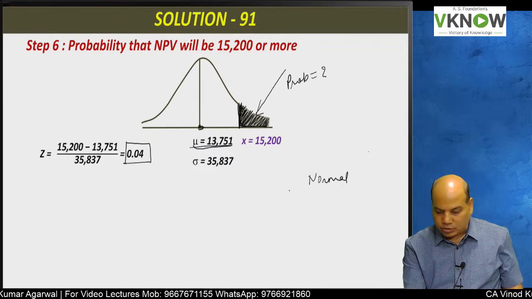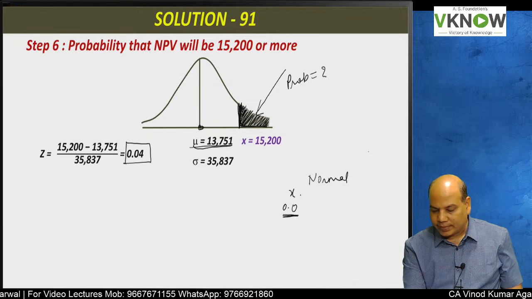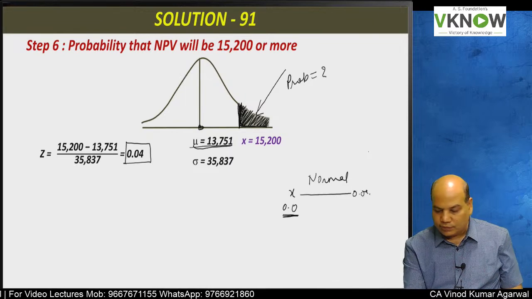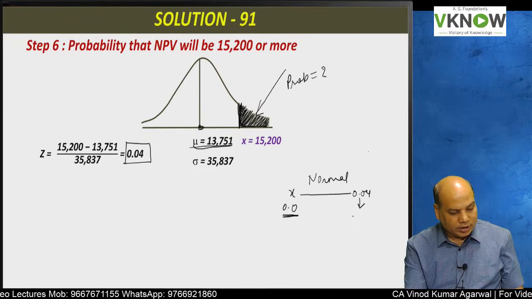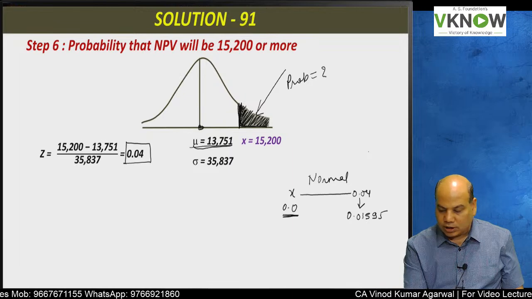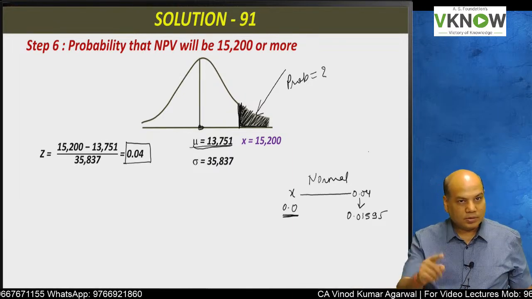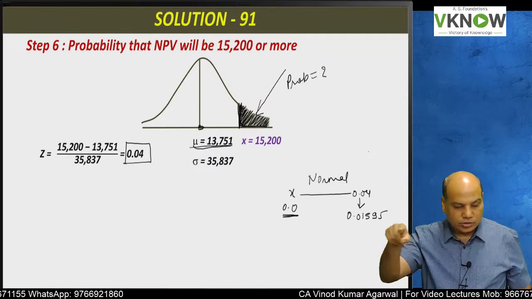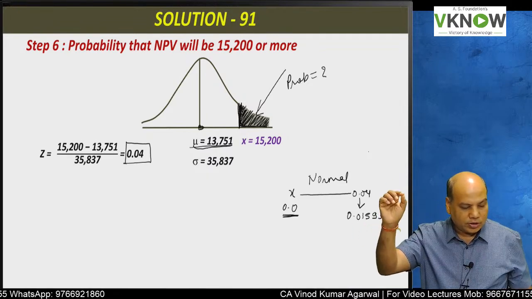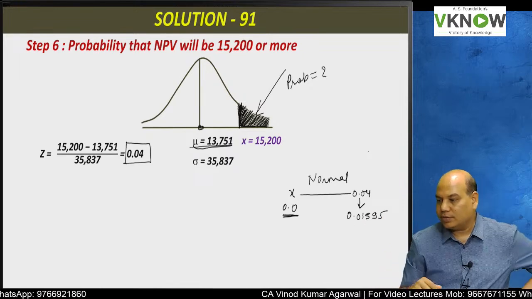In the X column, first line 0.0 is there, and you search 0.04 here, and you will find one probability written, 0.01595. In the normal table, first row 0.04, 0.01595 you will find.